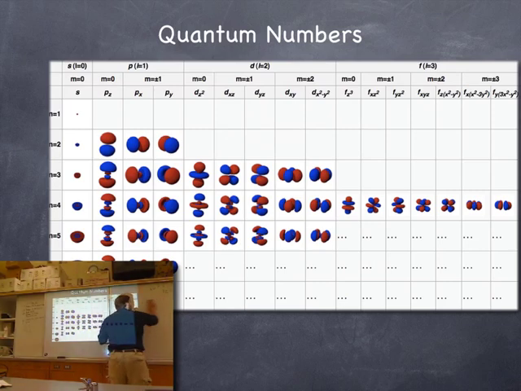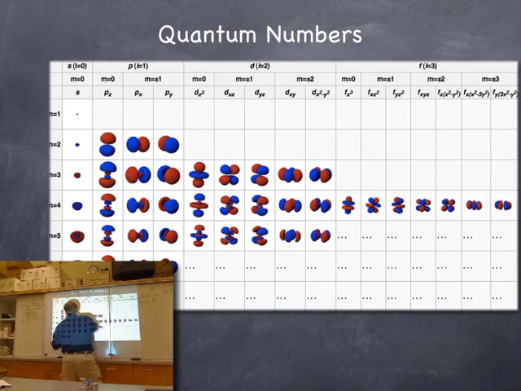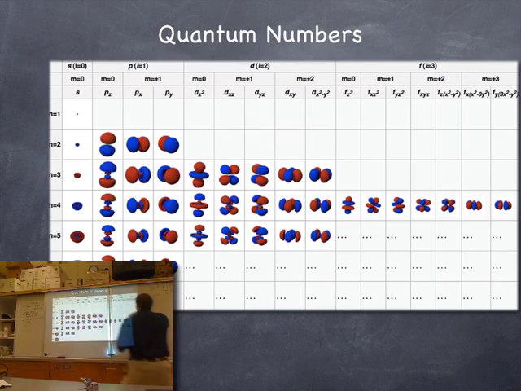So let me rewrite this a little bit. Here we said l is equal to 0 to n minus 1. Here, n minus 1 is equal to 0, so you can have just 0. In this second row, for n equals 2, n minus 1 is equal to 1, so your l can be 0 or 1.